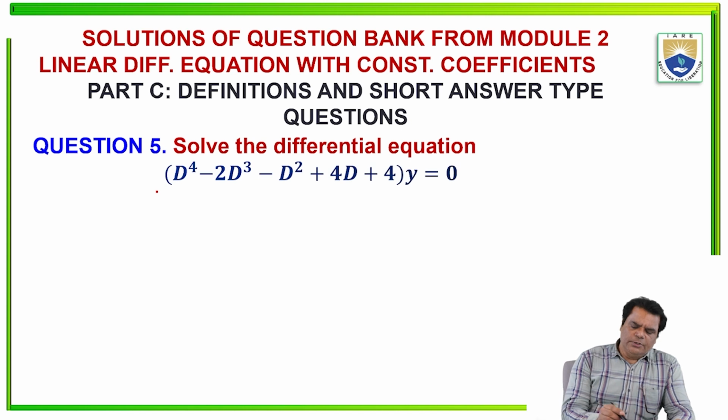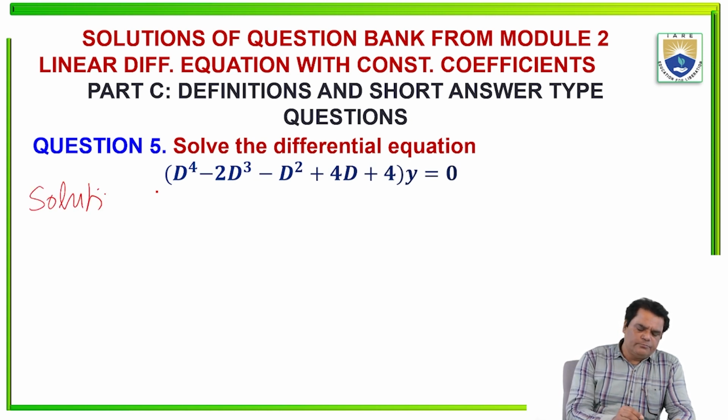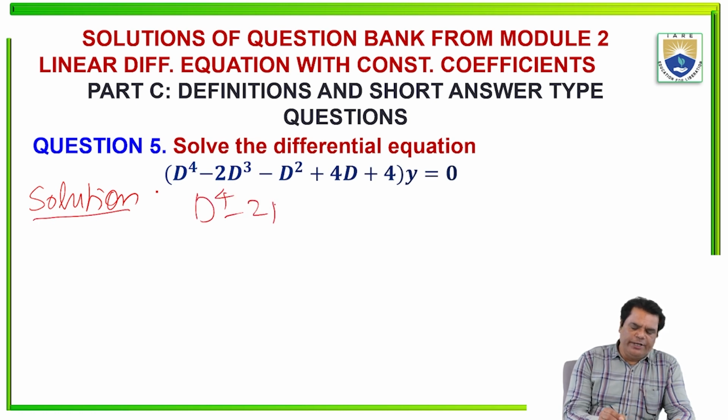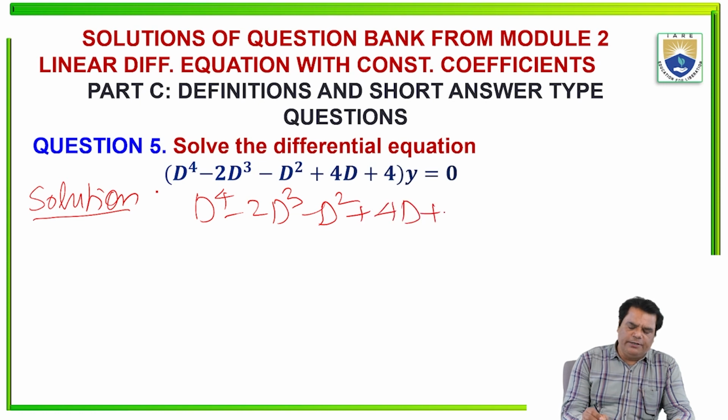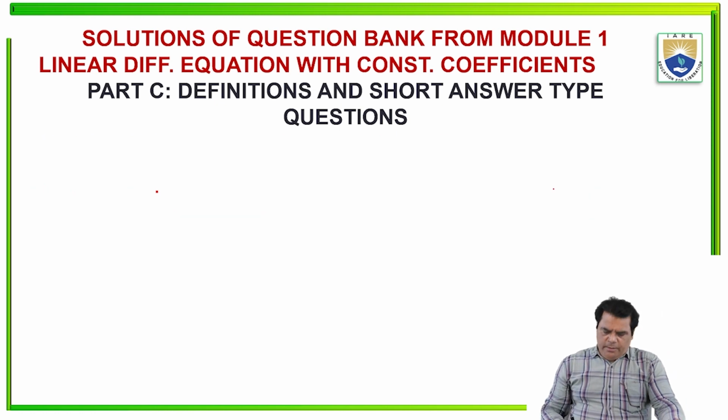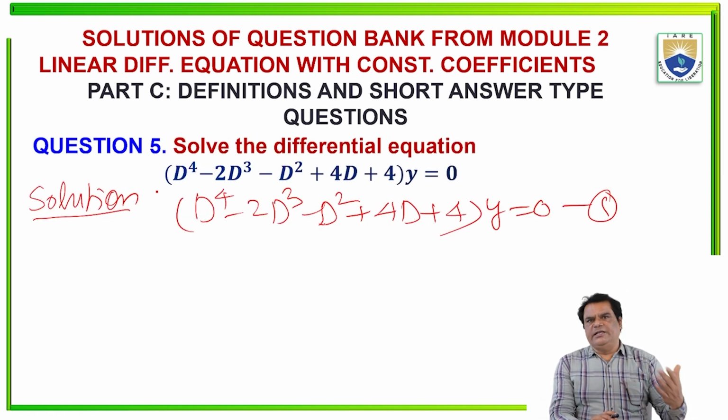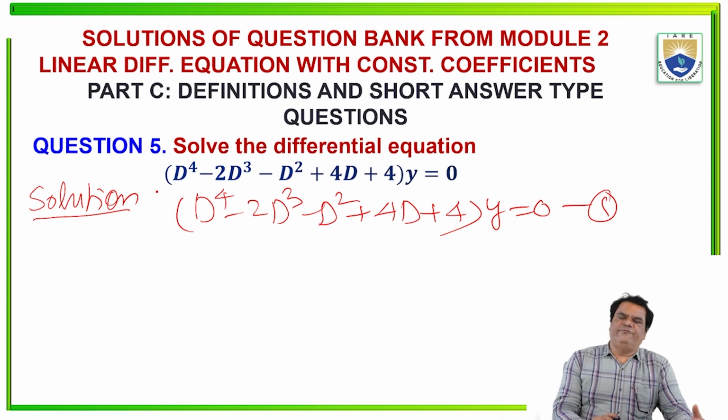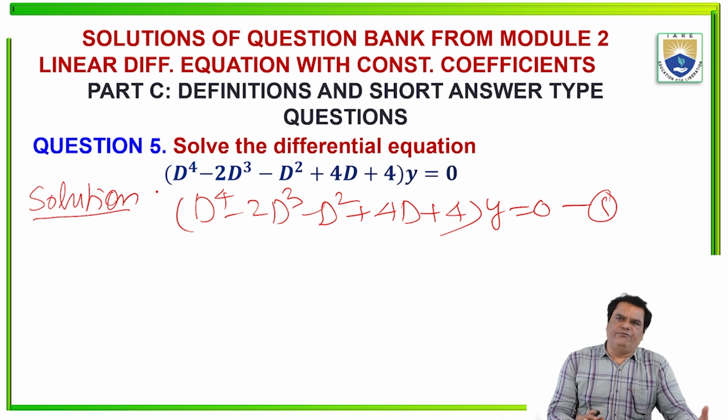Next, solving the differential equation. This solution: D4 minus 2D cube minus D square plus 4D plus 4 into y is equal to 0. This is equation 1. This is a differential equation of fourth order and first degree with constant coefficients.